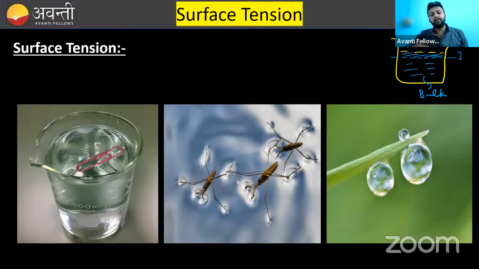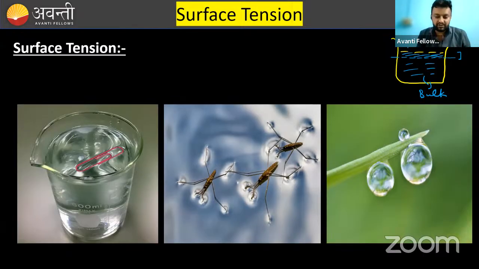Bulk of the liquid behaves differently, and the surface of the liquid behaves differently. All the phenomena, the pressure thing, Bernoulli's theorem, all such things we have learned for the bulk of the liquid. Now, the surface of the liquid behaves differently. And one of the properties of the surface is surface tension.